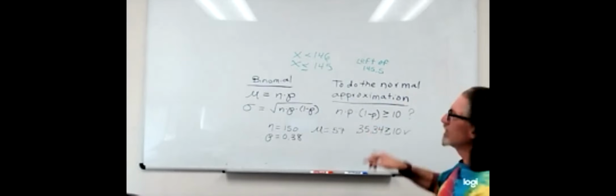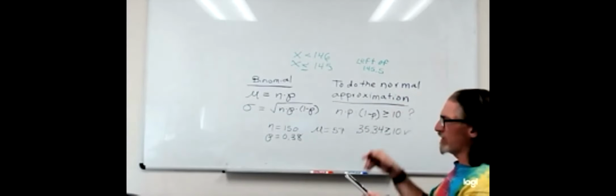So I'm getting a very big variance here. 35.34. That is greater than or equal to 10. So it is legitimate to use the normal approximation here. And finally, the square root of the 35.34 is going to be your standard deviation.